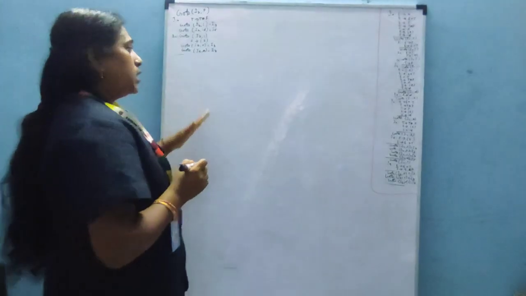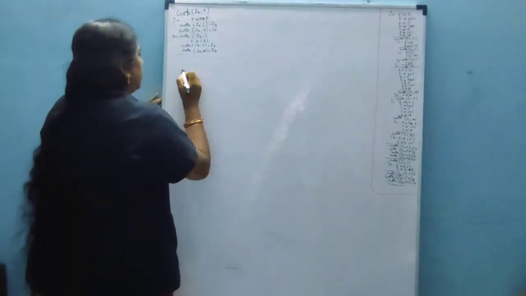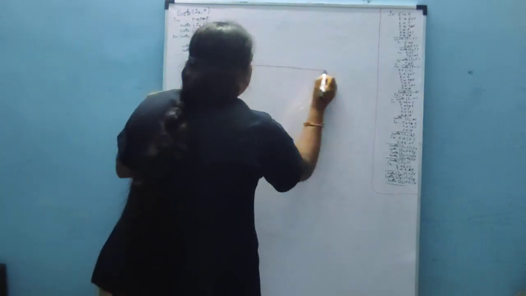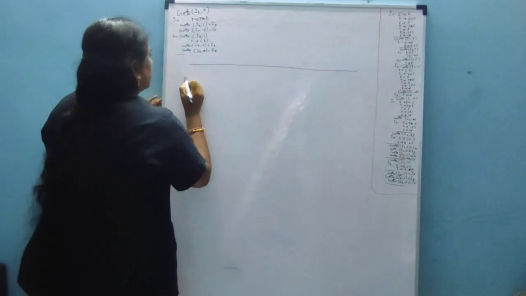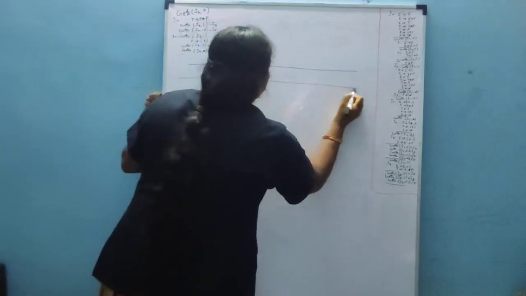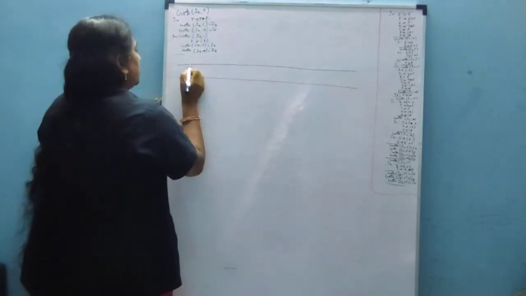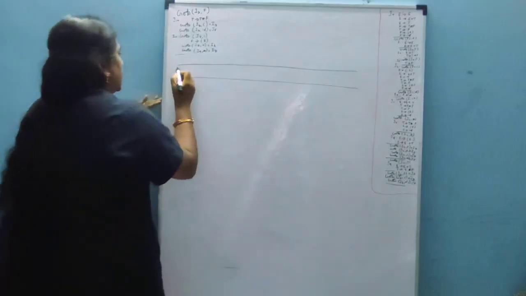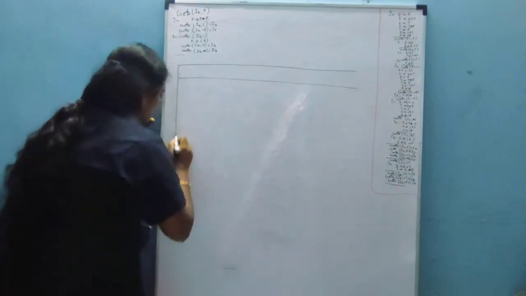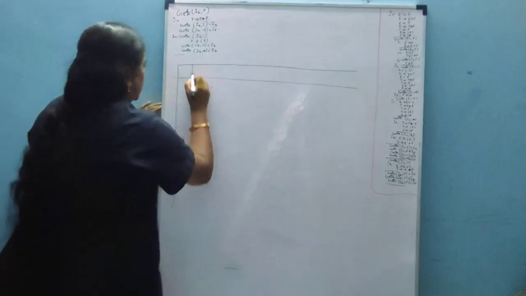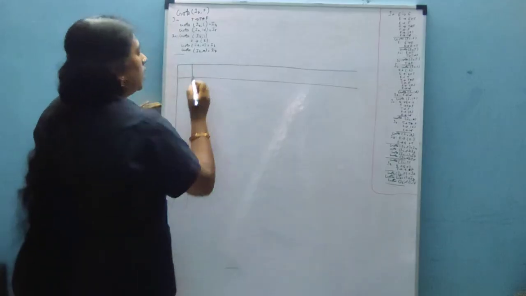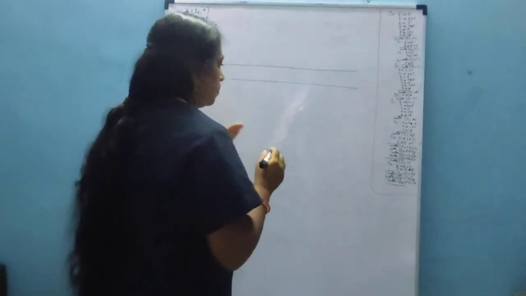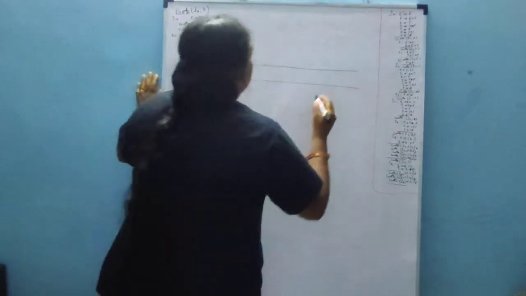After completing all the states, we have to make a table. For the table creation, indicate all the states with the input symbols. Whatever input symbols are present, we have to check.